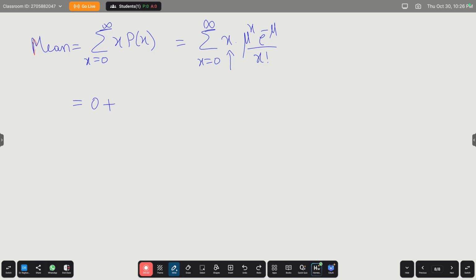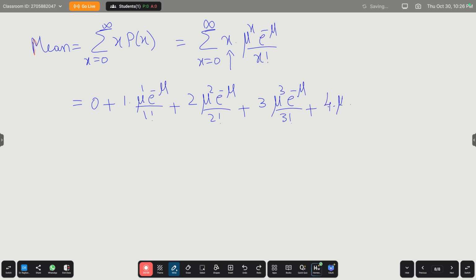Plus, when you put x equal to 1, this will be 1 into mu power 1 e power minus mu divided by 1 factorial, plus 2 into mu square e power minus mu divided by 2 factorial, plus when I give x equal to 3, it is 3 mu power 3 e power minus mu divided by 3 factorial, plus, let me write one more for better understanding, 4 mu power 4 e power minus mu divided by 4 factorial, and it goes up to infinity.